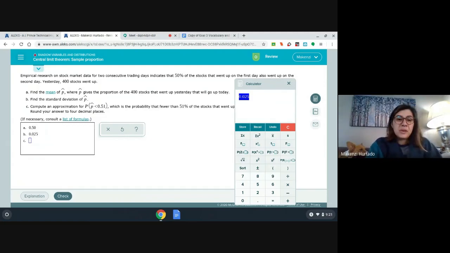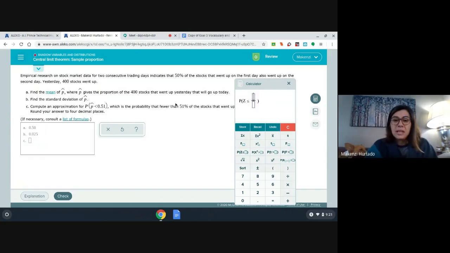And then our last question says, compute an approximation for P, which is the probability that fewer than 51% of the stocks went up. So again, we're looking at our formula. This one says Z is less than, so we're just going to go straight with it. If it said more than, we would have to do our 1 minus.